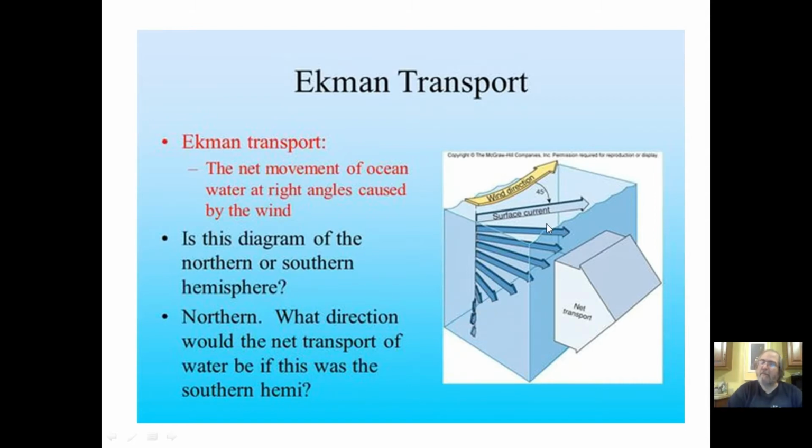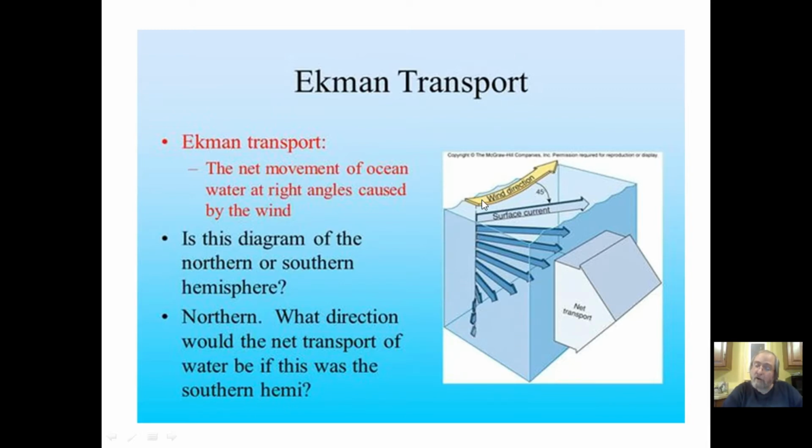Now, you have to keep in mind, the water itself is not spiraling. It's that successive layers of the water themselves are being deflected by Coriolis. Now, this huge arrow here is the net transport of the water. Notice you have water going this way, the net transport. This is determined by integrating over the water column from 0, being the surface, to whatever depth z, it basically dissipates.